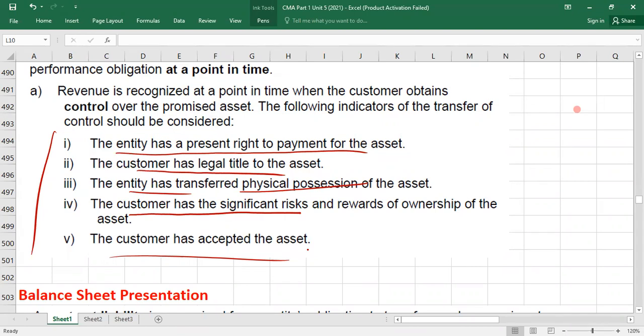Because its performance obligation is not satisfied. What is its performance obligation? It has to provide you the flight. Unless the flight occurs, it cannot book the revenue. Whatever it is collecting from tickets in advance is so far its liability, until the flight occurs, and then it can book the revenue.